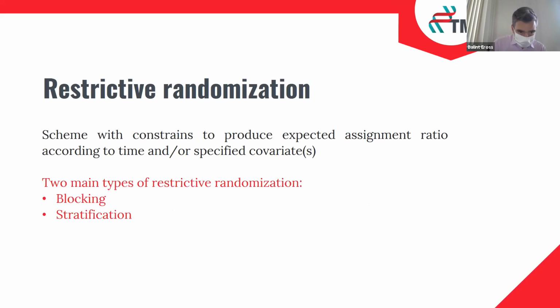And for exactly these 2 purposes, we can use 1, blocking, and 2, stratification. So these are the types of restrictive randomization. Usually in a multicentric study, you would use both approaches. So your randomization will be blocked and will be stratified.